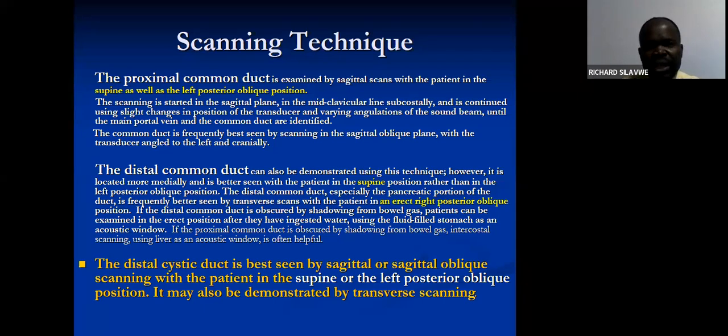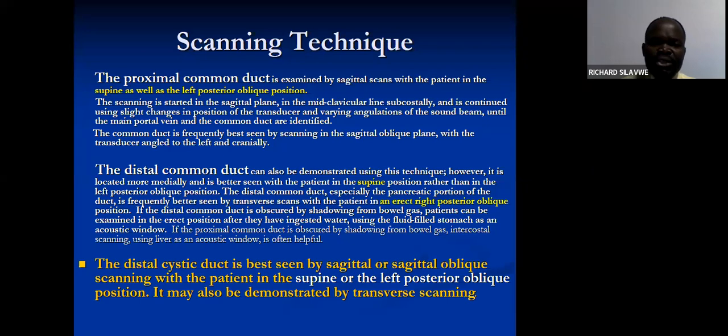Then you are able to measure it and see if it is dilated or not. And most of the time, subjectively, even before measuring, you can tell that it is dilated or not dilated.